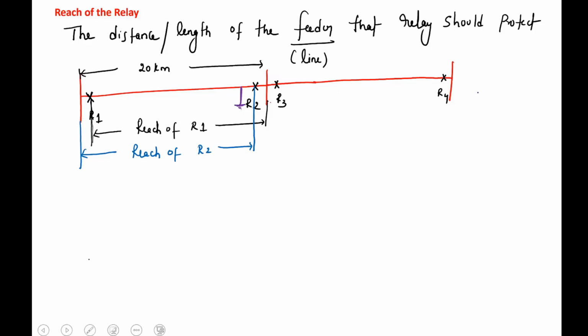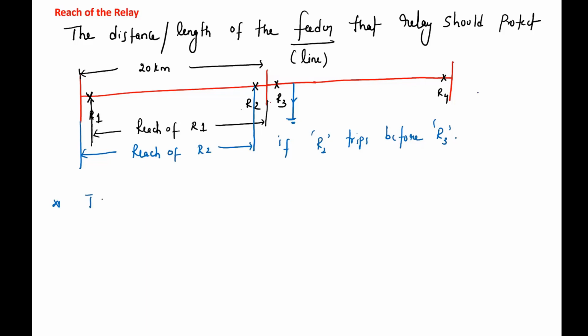Now, if a fault occurs very close to R3 and relay R2 trips before R3, then R2 is having an overreach problem. So this is the meaning of reach, underreach, and overreach.